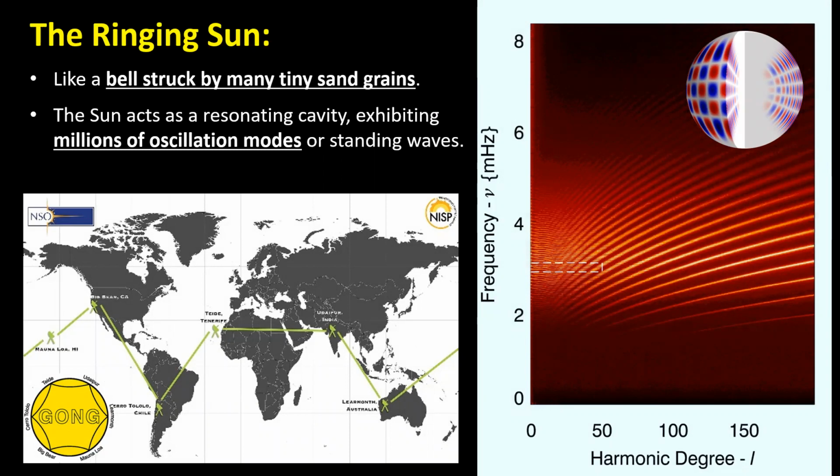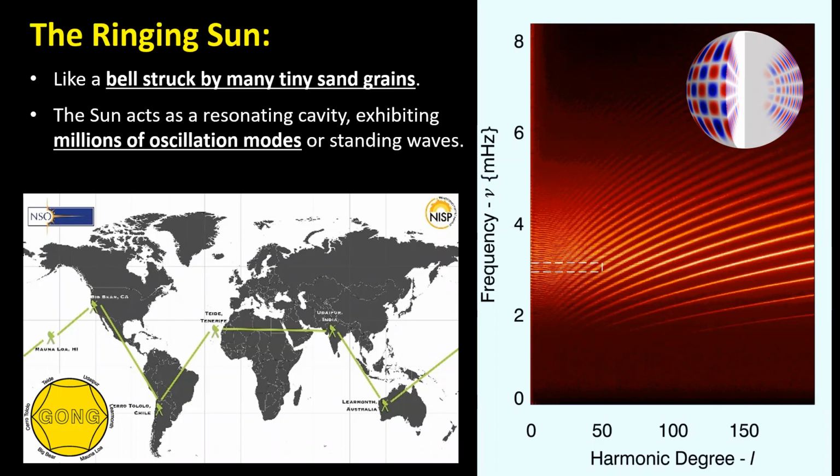We can see there are ridges, that means there are allowed modes that are more favorable to be excited on the Sun, right? So in a sense, what we can say is that our Sun is like a bell that is struck by many tiny sand grains. So these individual sand grains are the individual acoustic sources. But over time, all of their contributions get decayed, except the ones that are resonant to the bell itself.